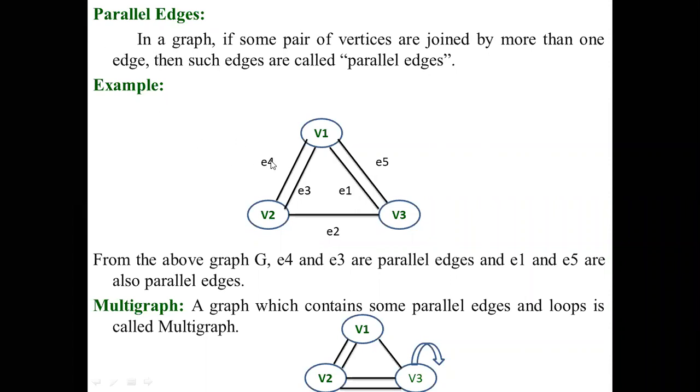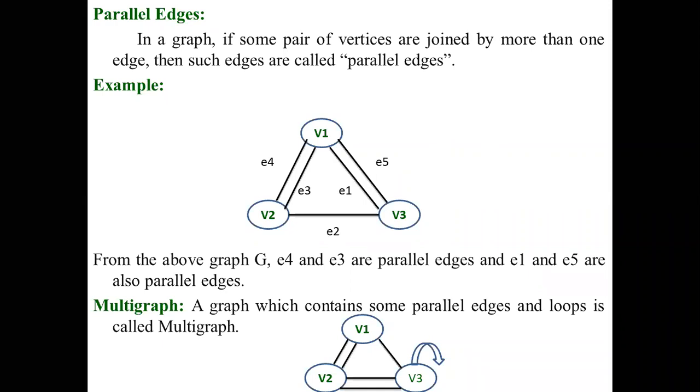So in this example, the vertices are V1, V2, V3 and the edges are E1, E2, E3, E4, E5. In this graph, E3 and E4 are parallel edges, and E1 and E5 are also parallel edges.